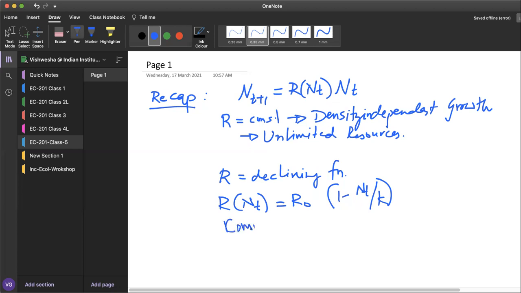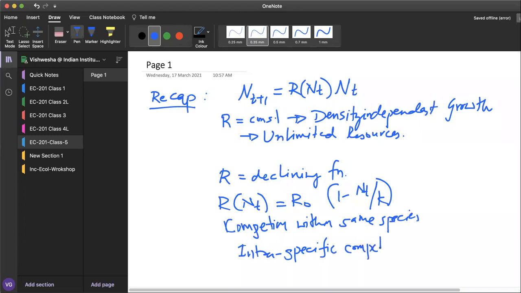And that same species or population is also called the intra-specific competition. And as is very clear now, imagine if we had other biological processes in mind, this function R will change. So, if we had more complex biological processes happening, then you will have a more complex function R. Okay.